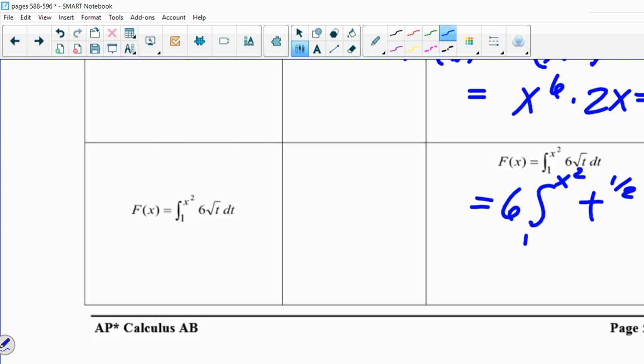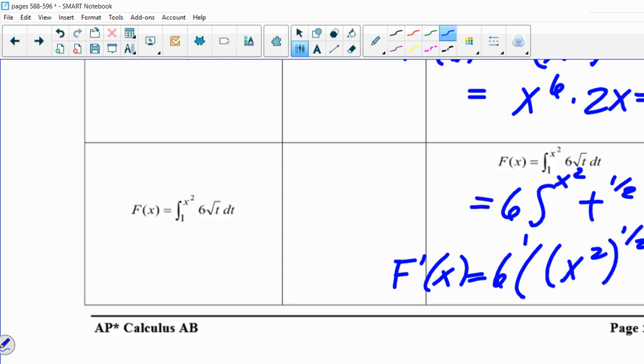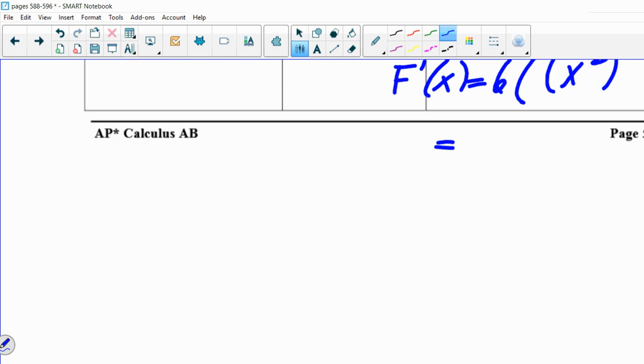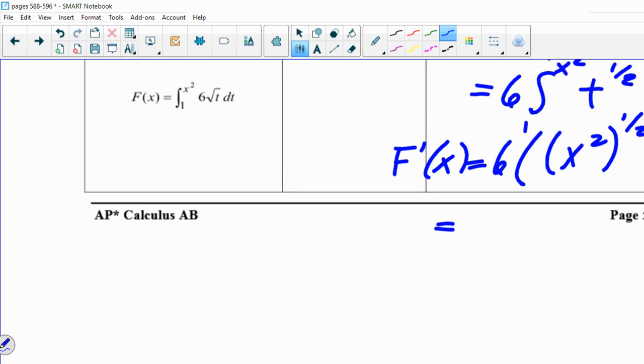And if I take the derivative, it's 6 times x squared to the 1/2 times the derivative of x squared. X squared to the 1/2 is x. X times 2x is 2x squared, and 6 times 2x squared is 12x squared. Yay, easy 2 pages.